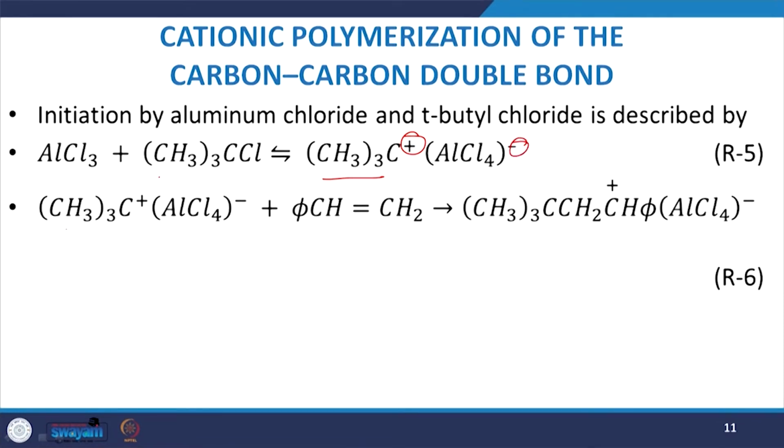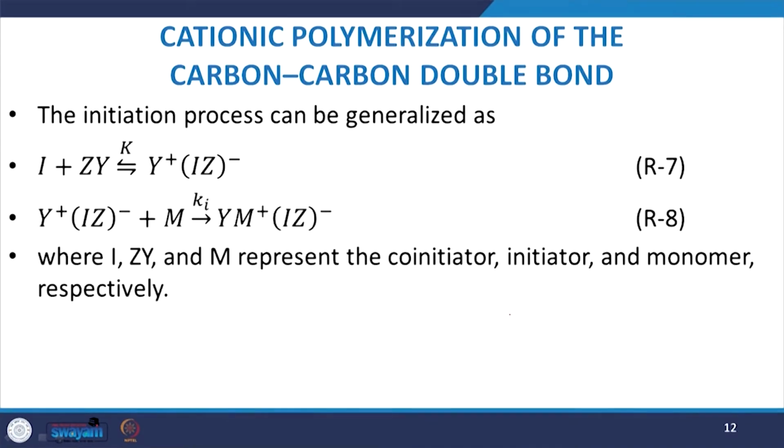Now, here this (CH3)3C+ AlCl4- reacts with CH2=CH-phi to give you (CH3)3C-CH2-CH+ phi AlCl4-, and this phi represents the phenyl ring.